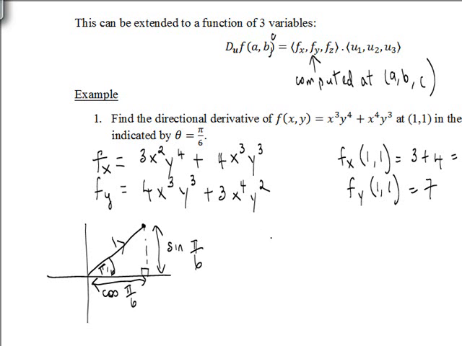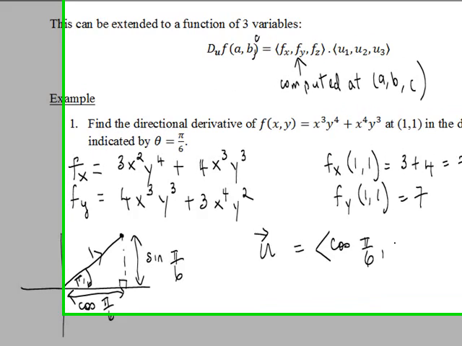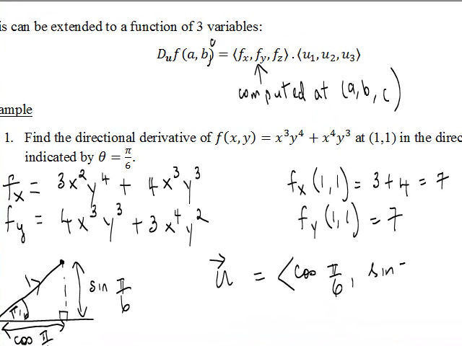So the vector u, which is already a unit vector, is made up of cosine pi over 6 and sine pi over 6. When you have specified the actual angle, the unit vector is always cosine of the angle, sine of the angle. Always. Alright, so now let's find the directional derivative. Any questions so far?